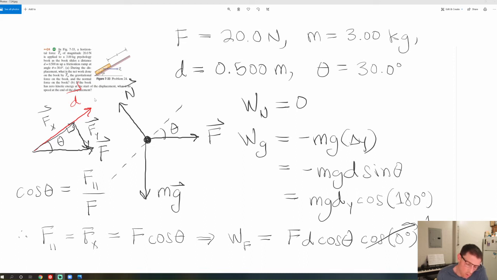And so at this point, I will probably have to start erasing things again. But we see, right, that the total work done on this thing, or the net work done on this thing, really is just given by the work done by the gravitational force and the work done by the applied force, right? And so let me erase the diagram at this point.